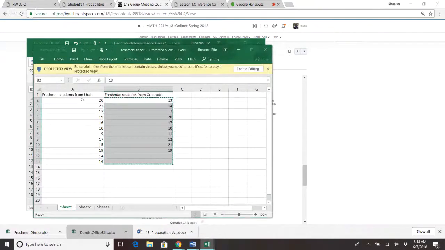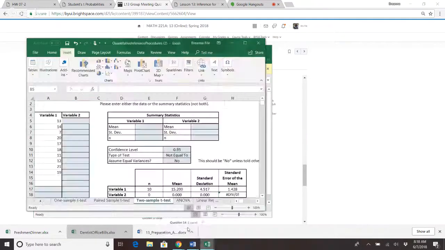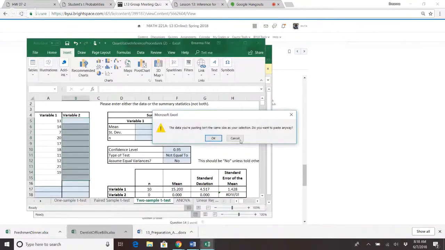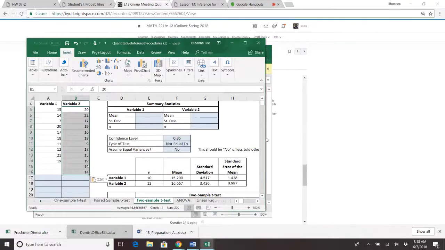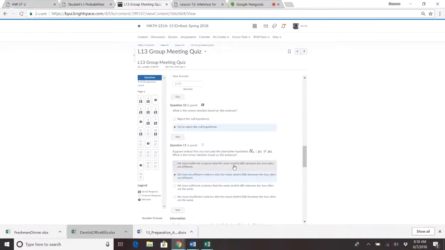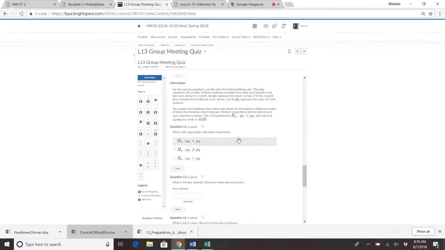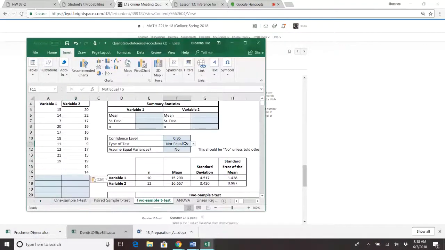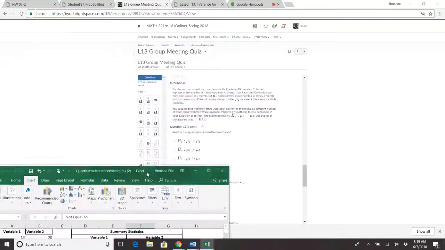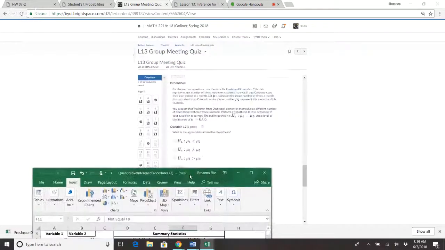Let's see. Okay, so the first means... So the null hypothesis is that they're equal to each other?